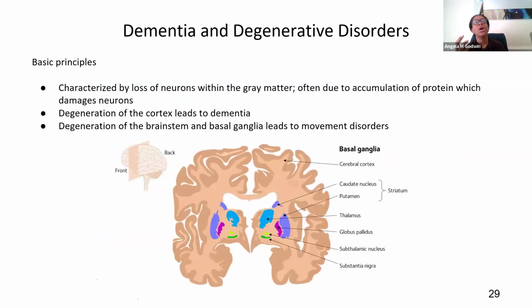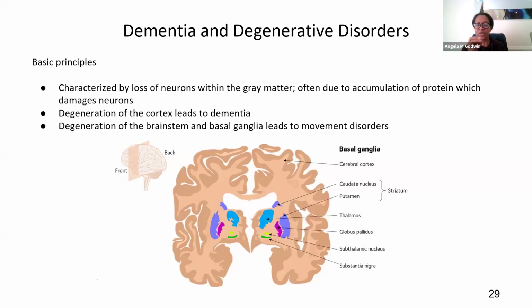When your brain's functioning, that original communication comes from your gray matter, and it's the white matter that works in the transmission of that signal. So normally in dementia and degenerative disorders, there's usually an accumulation of proteins which damages the neurons, which prevents the gray matter or the white matter from working properly.